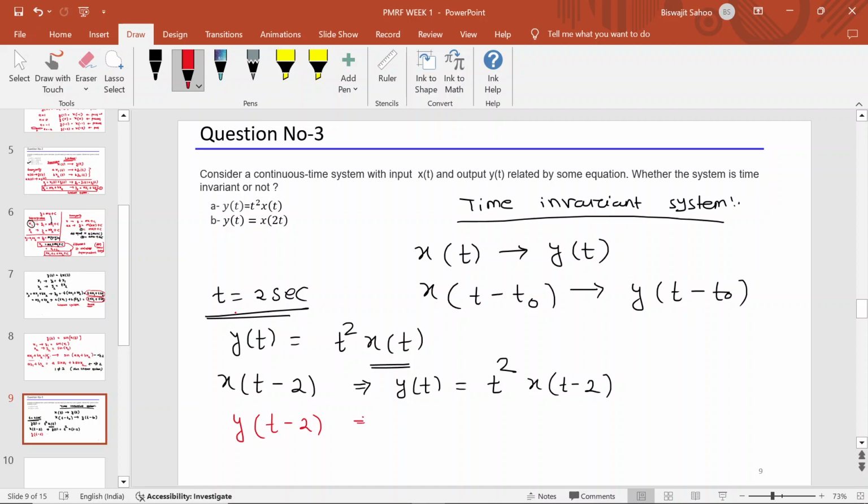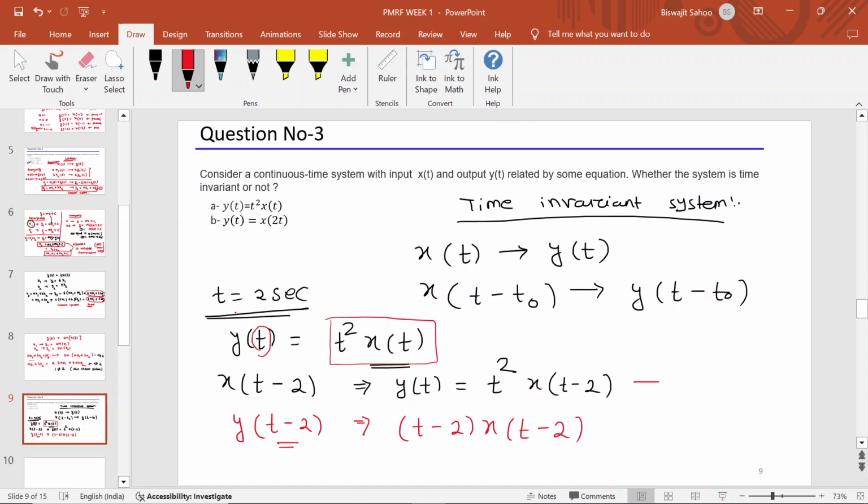So wherever in the output this equation is there, I'm changing my t, how much? t minus 2. So you have to put t minus 2 wherever t is there. So that will be t minus 2 times x of t minus 2. Now you are delaying only your input.